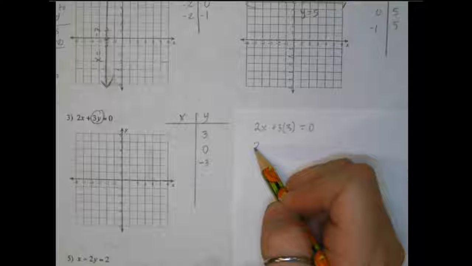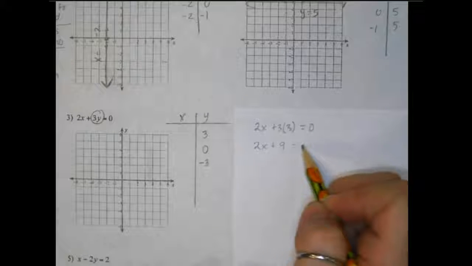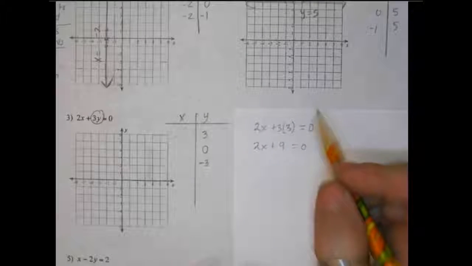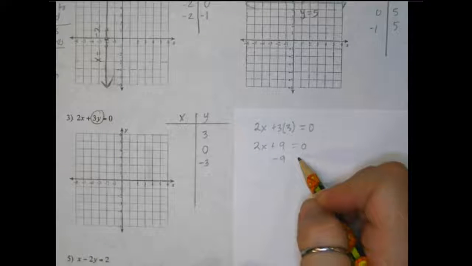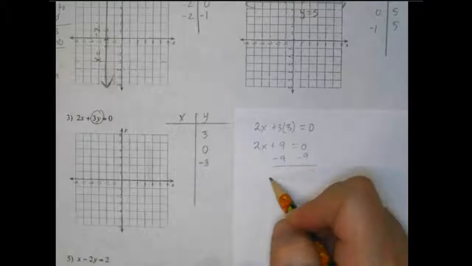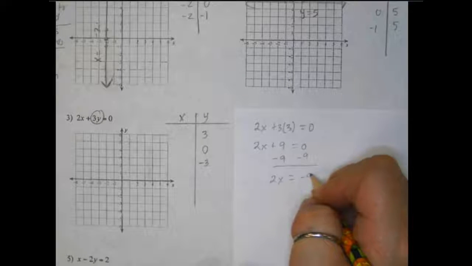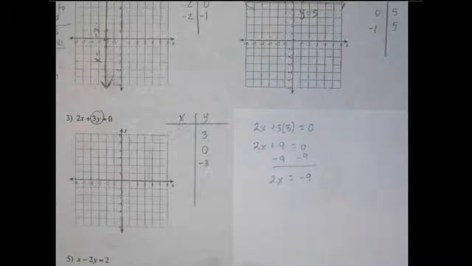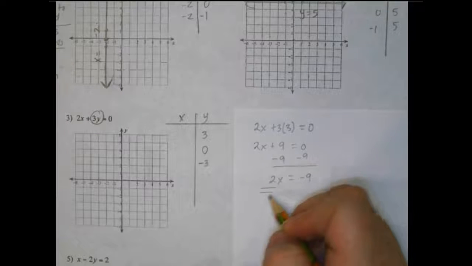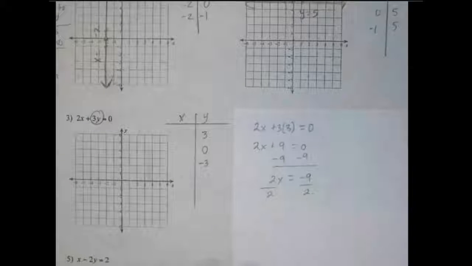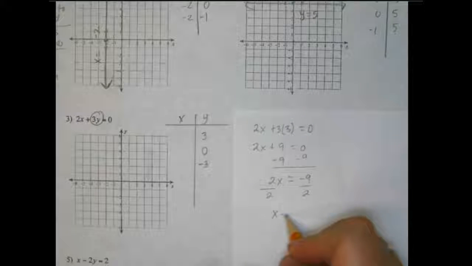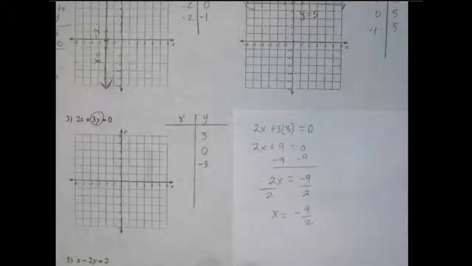This becomes 2x plus 9 equals 0, right? I'm going to subtract 9 and subtract 9. Now I have 2x is equal to -9. Divide by 2. Divide by 2. X is going to equal the fraction -9/2.